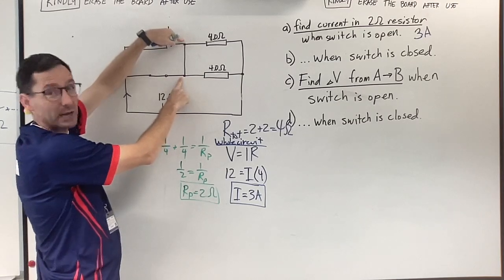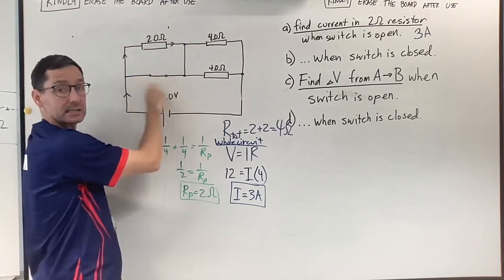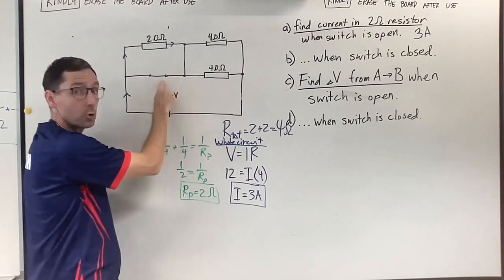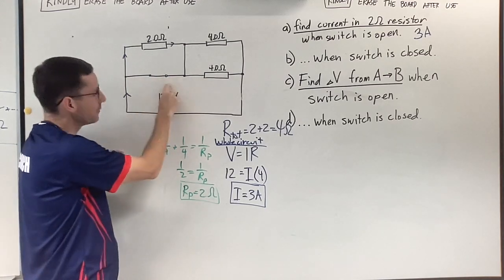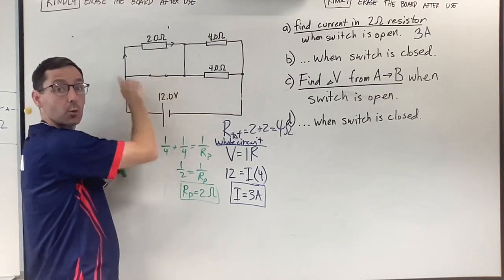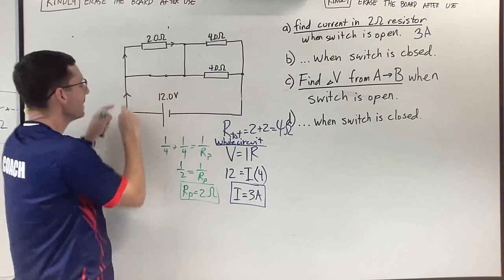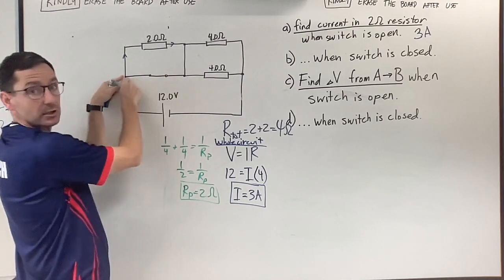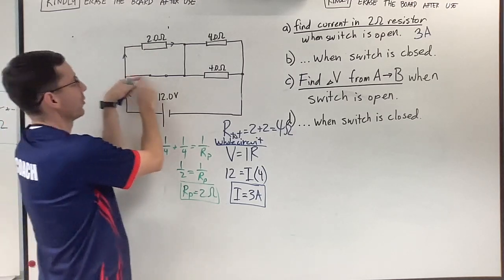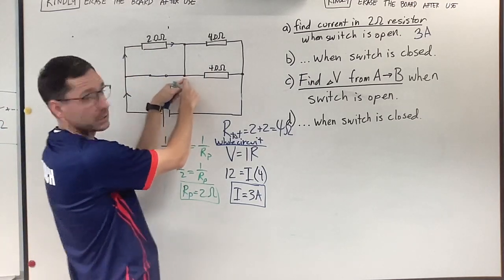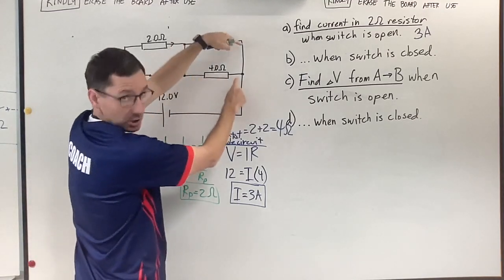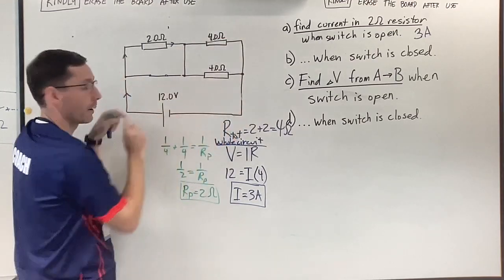Now, the reality is, if there is no resistance here, all the current's going to go that way, right? If it's low resistance, then most of it will go here and some will go there. But if there is 0 resistance here, which our wires are always 0 resistance, then as the current gets here, as those electrons get here, it's going to say, I ain't taking the path of resistance. I'm going to go the path of 0 resistance. So it's all going to go here, and then it will split. There's our parallel circuit, and then it will come back.